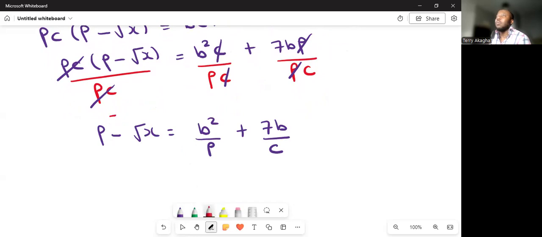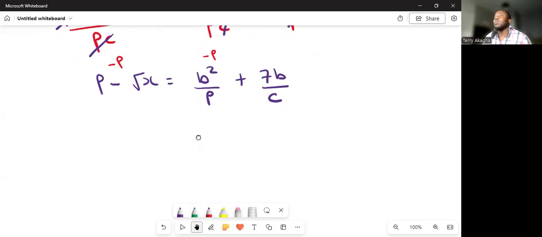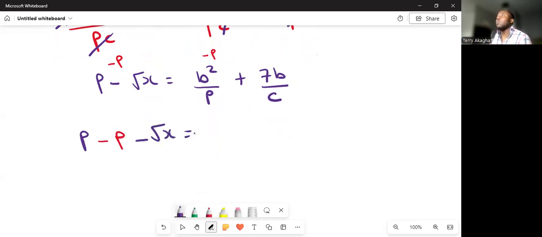Okay. Now I need to get rid of this p. So I'm going to subtract p from both sides, okay? So all of them, I'm going to subtract p from both sides. So we then have p, then minus p, then minus square root of x will be equal to b squared over p plus 7b over c minus p.